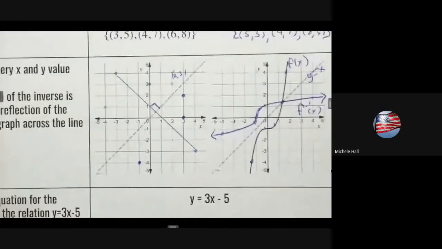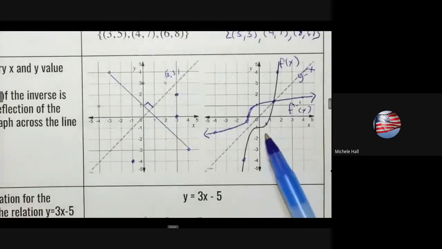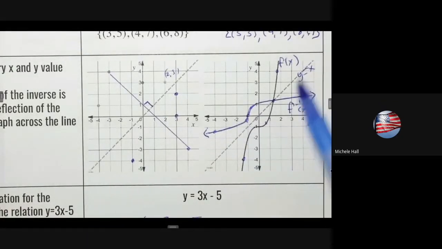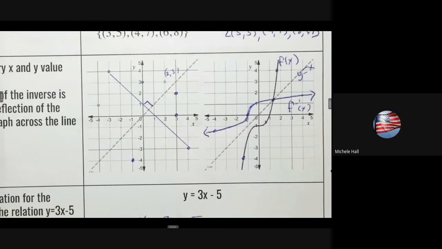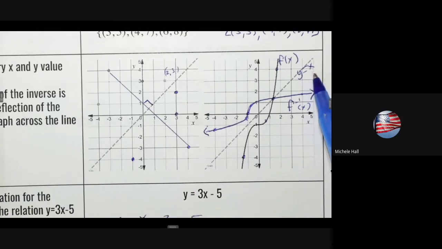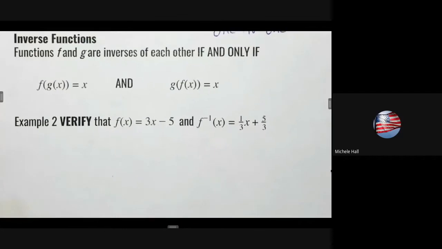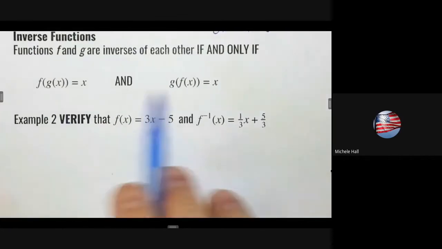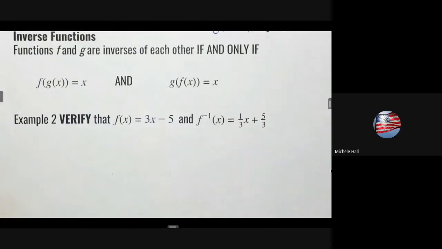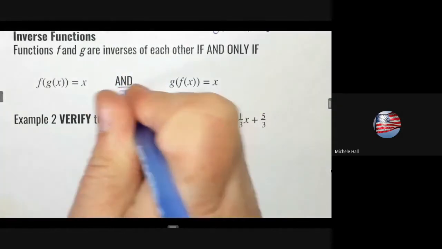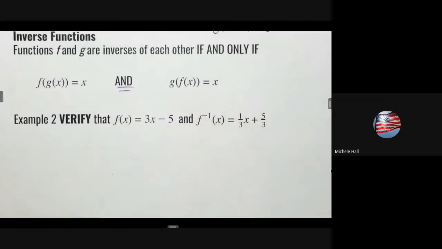We just saw that when we had a function and we found the inverse, we were using the y equals x line as part of that technique. And so we are always going to get the answer y equals x, and if we don't, then they're not inverses of each other. It's important to understand that you need to do both of these compositions. You can't just do one. You must do both to verify that they are inverses.